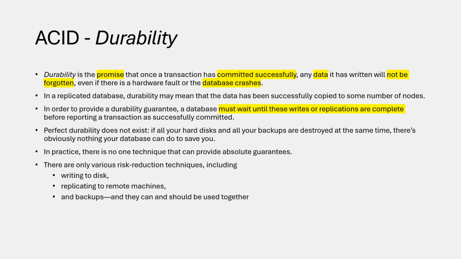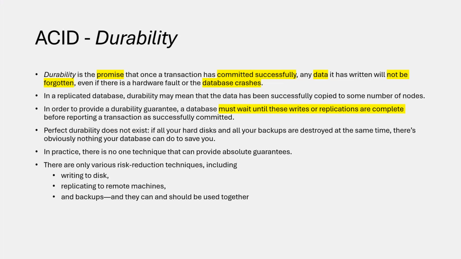That is durability. In replicated databases, durability may mean that data has been successfully copied across some number of nodes. So there will always be replication in the picture, because now we have to answer ACID from the perspective of distributed systems, not one system.